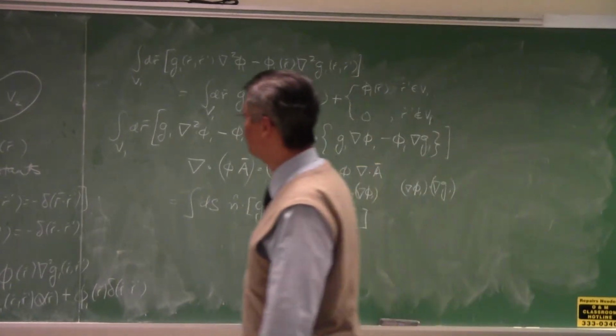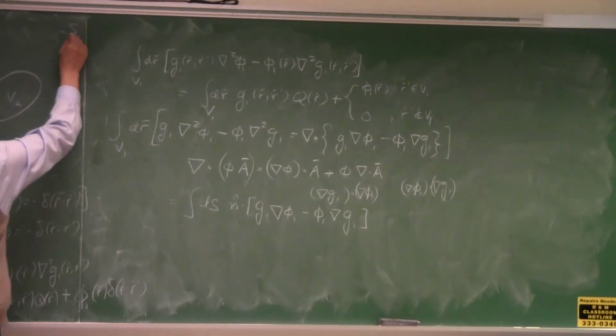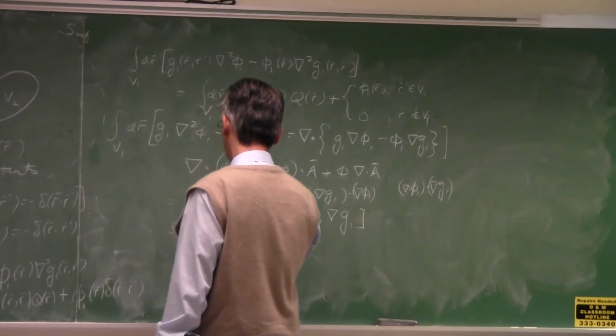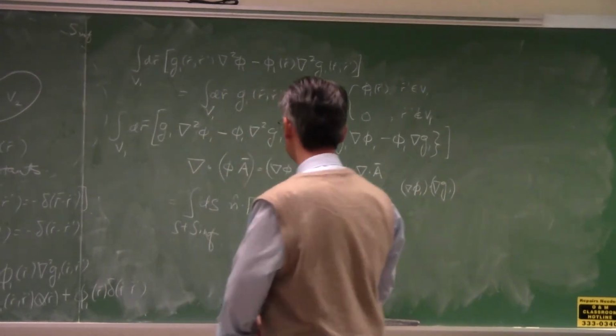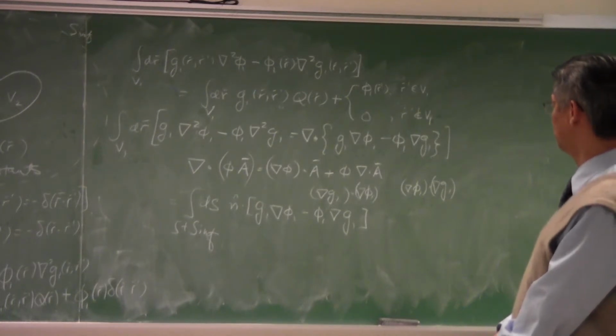And that surface is the surface S plus the other bounding surface at infinity, S infinity. So the surface should be the surface S plus S infinity. That should be the two surfaces.